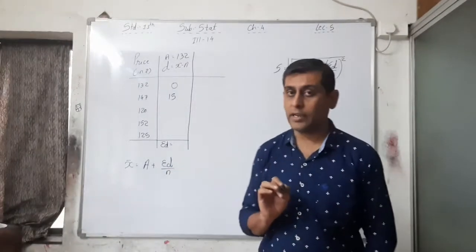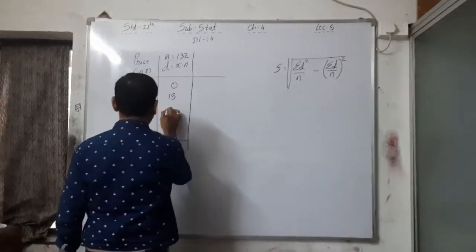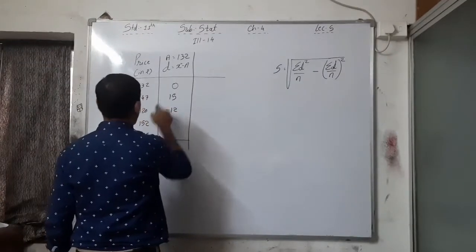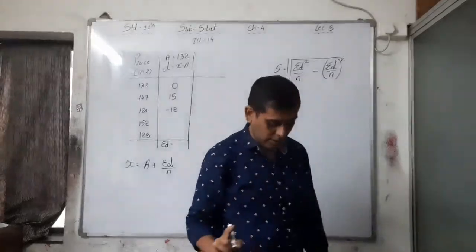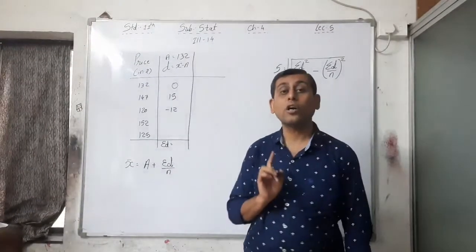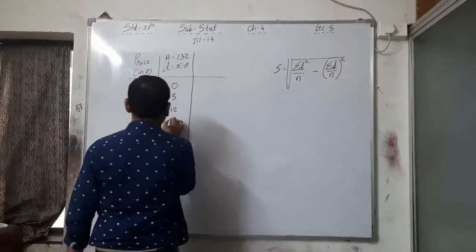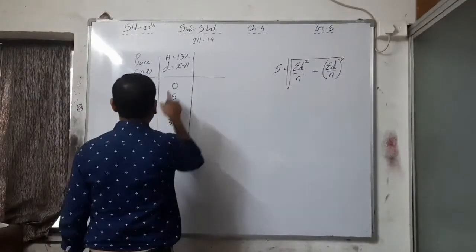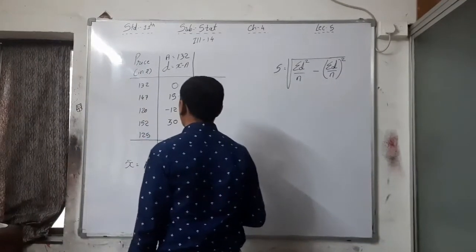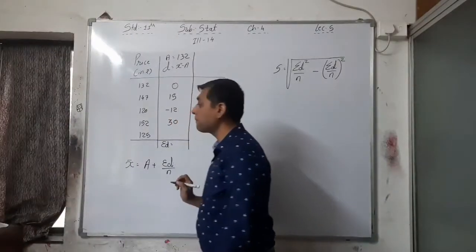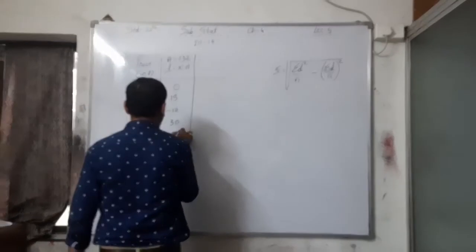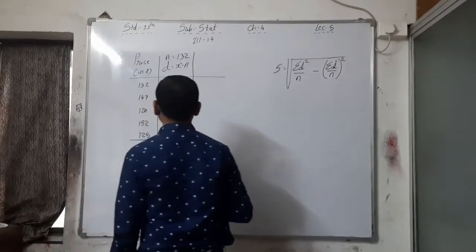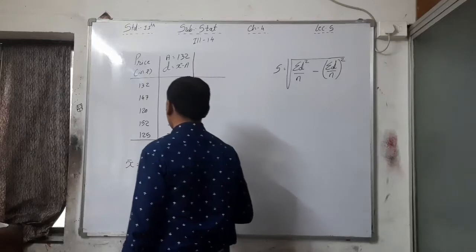Minus 12. Okay, 152 minus 132. It is 20. And 125 minus 132. Minus 7. So find out sigma d. What is your sigma d?